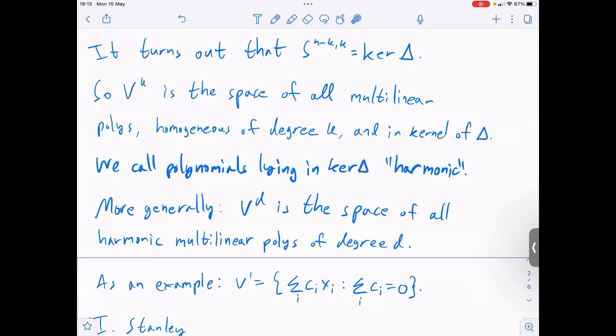Now, this description of V_d also works for the Grassmann graph, okay? Where now the monomials are in the subspace lattice instead of in the subset lattice, but everything else is the same. So this kind of description is still correct.